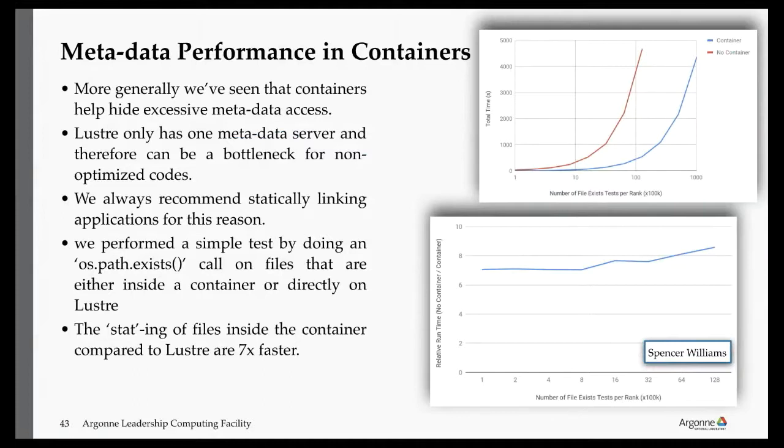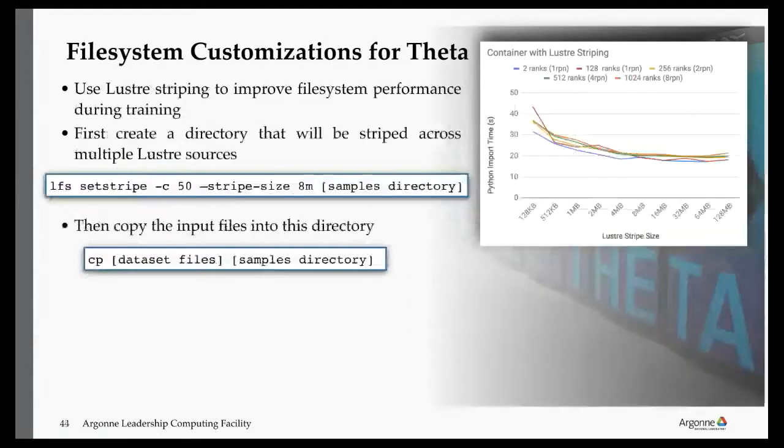In general, he saw performance benefits of a factor of 7 if those files are sitting in the container versus on Lustre. So metadata performance is much better mitigated inside of the container versus outside.